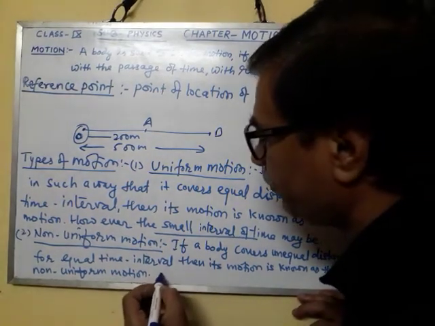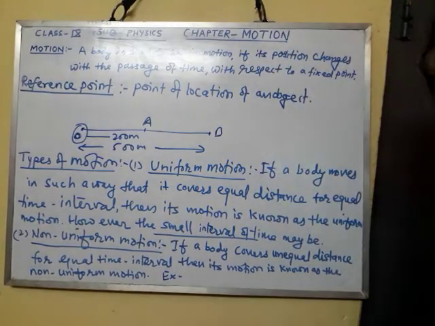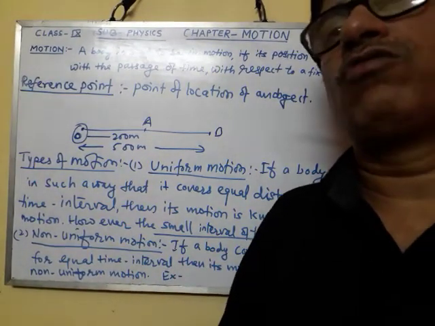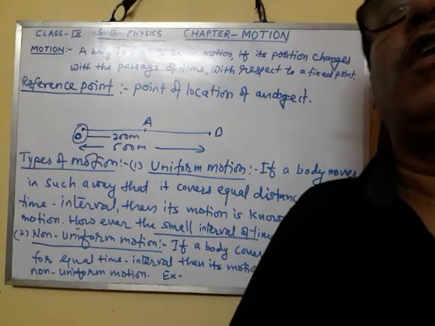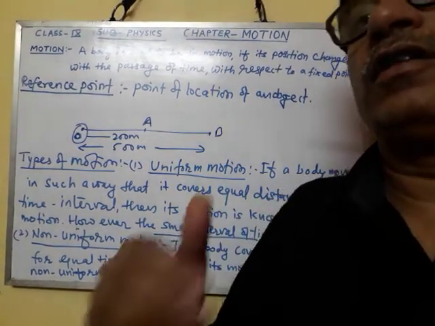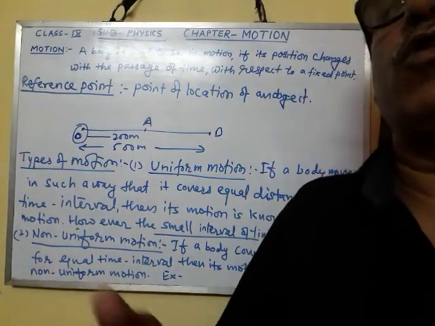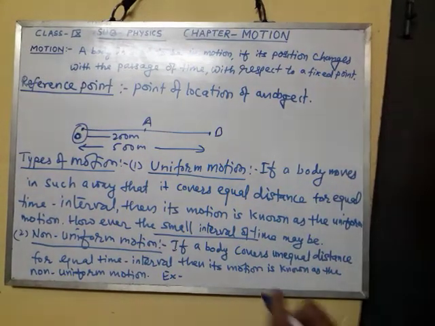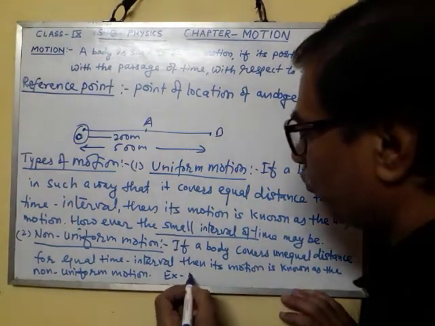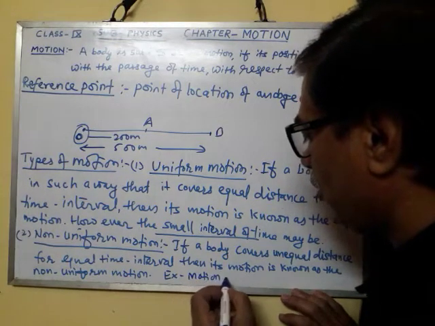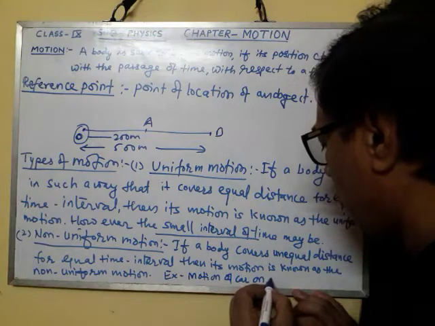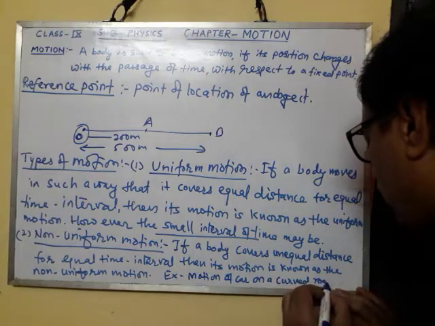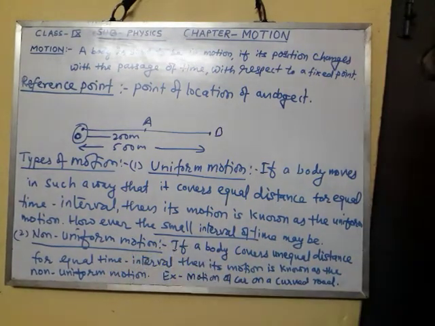For example, a car moves on a zigzag road. Naturally, the speed of the car changes regularly. When it comes to a turn, or there is a speed breaker, then the distance moved by the car is different for equal time intervals. Therefore, the motion of a car on a curved road is an example of non-uniform motion.